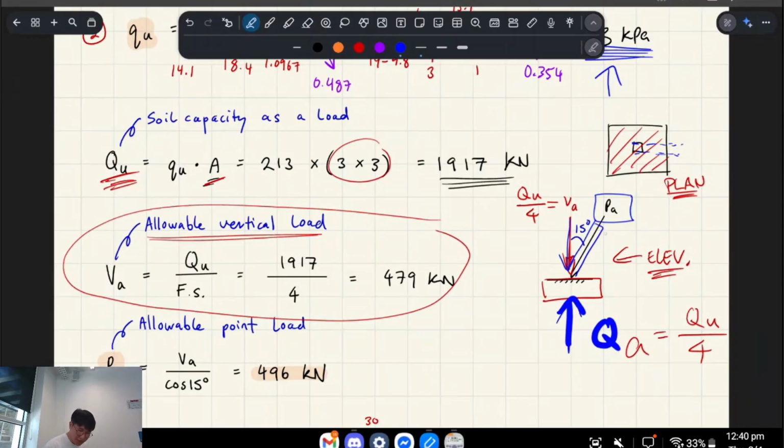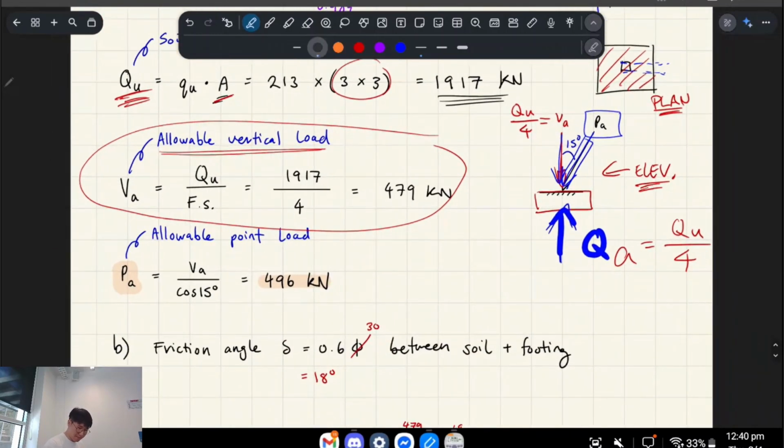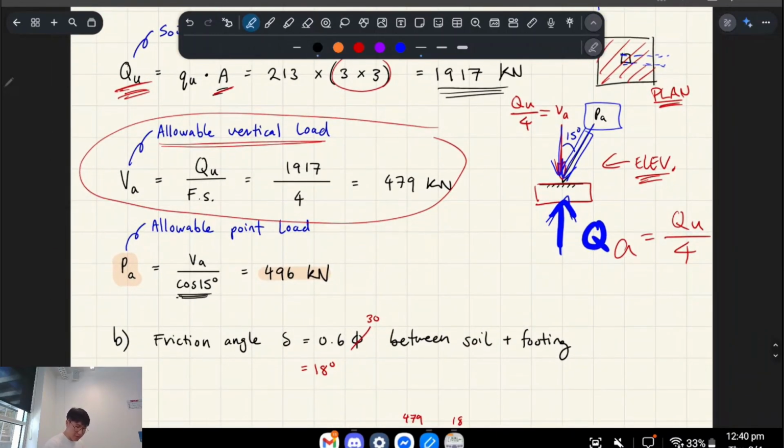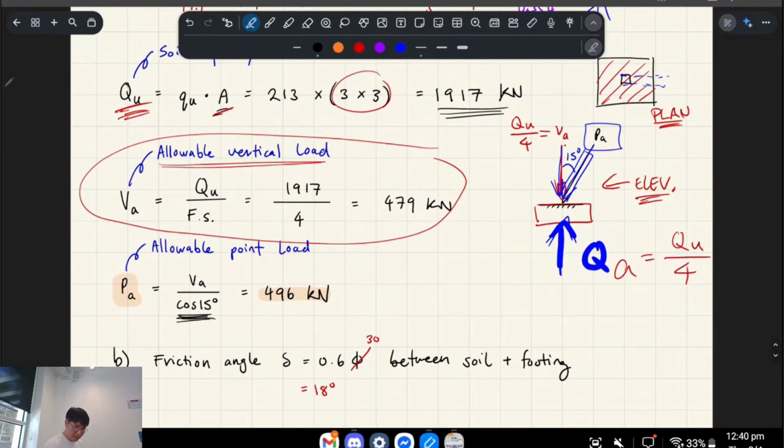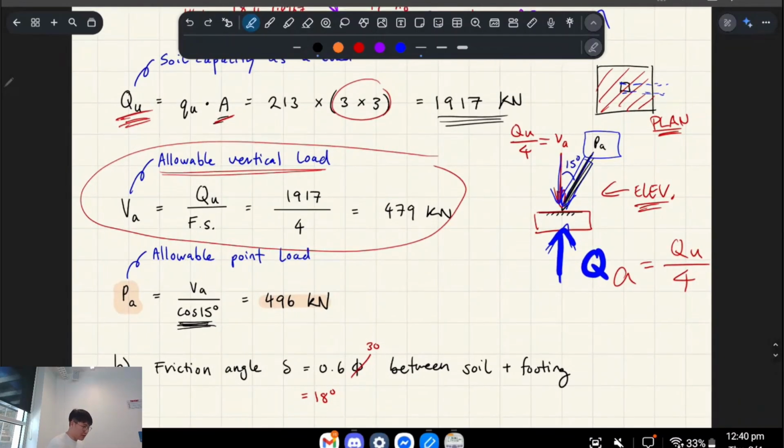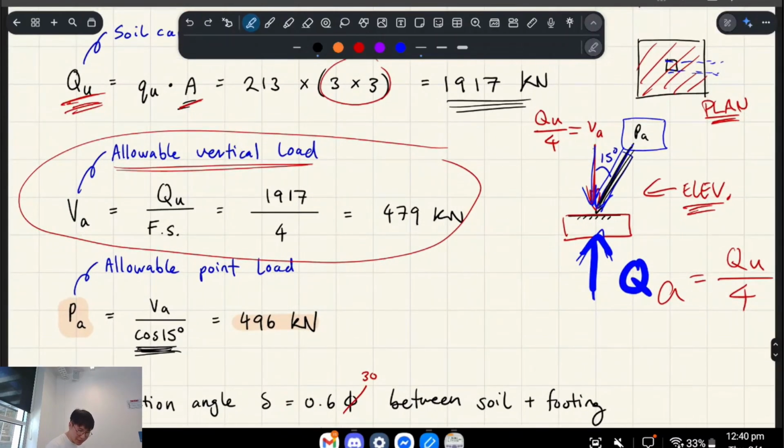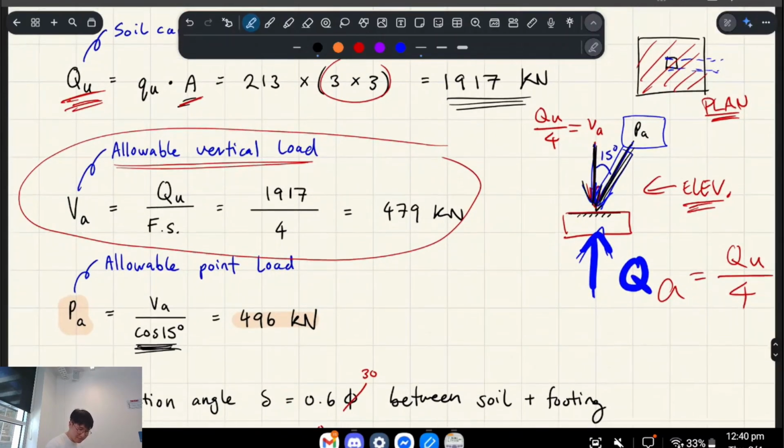What diagonal force is allowed such that this vertical reaction doesn't breach a certain number? To find this, we're going to divide by the adjacent side, which is that.